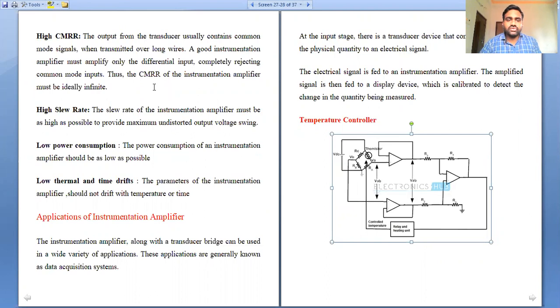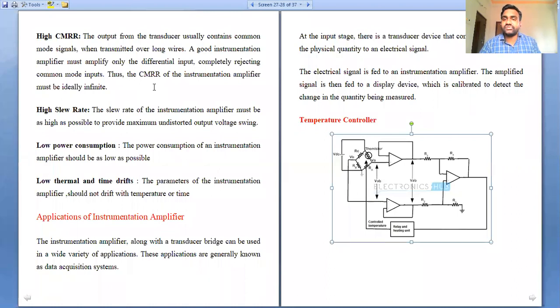Okay, slew rate is very, very important in a particular operational amplifier. The slew rate of the instrumentation amplifier is very, very high. The slew rate helps us to avoid distortions in the output voltages.